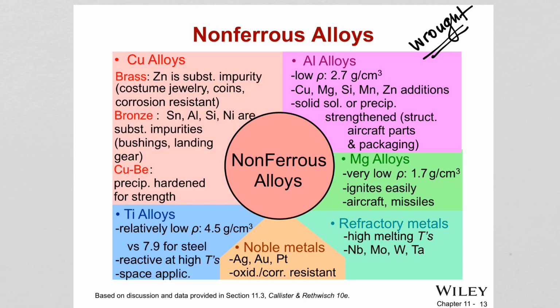Titanium and its alloys. This is a relatively new engineering material with excellent properties. Especially, it can preserve its strength at high temperatures, and it has a low density, 4.7.